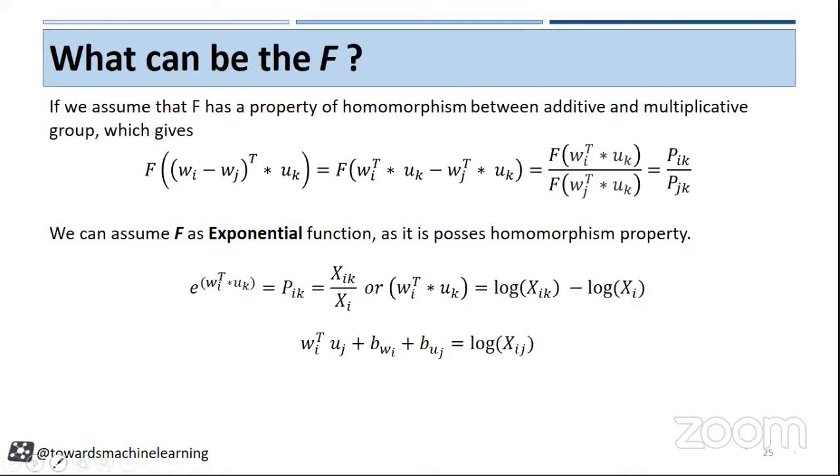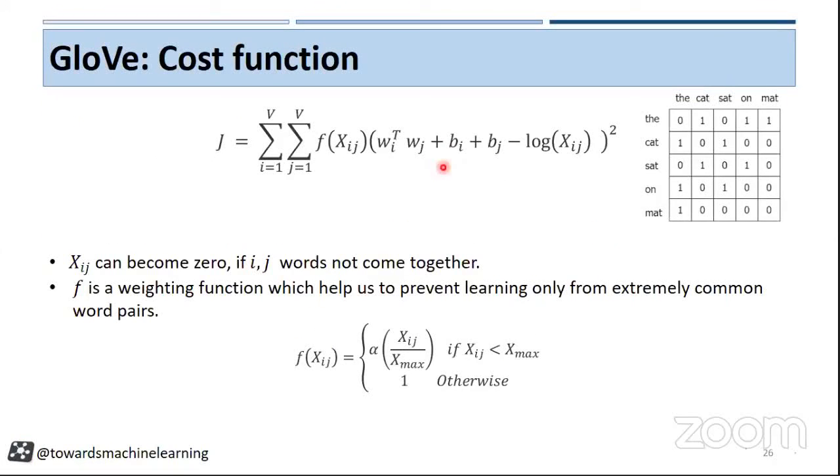And now we can find the error by doing the mean square operation on our equation. So basically this is our cost function in our GloVe model. Remember, this is the co-occurrence matrix that we calculated initially for our sentence.